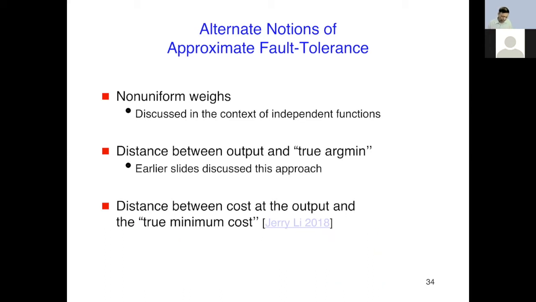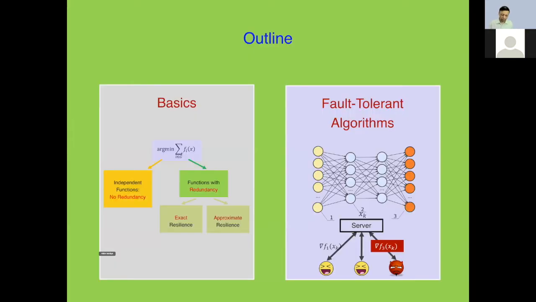This is slightly different from, so this is distance in the arguments. This is the distance, or difference between the values of the cost function at the output versus the true minimum cost. And there is some work using this particular metric as well. We won't discuss that today in any detail.